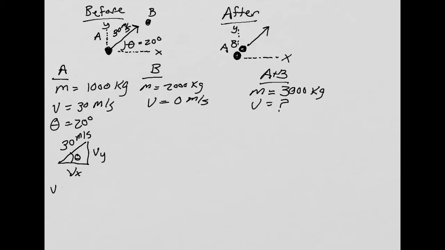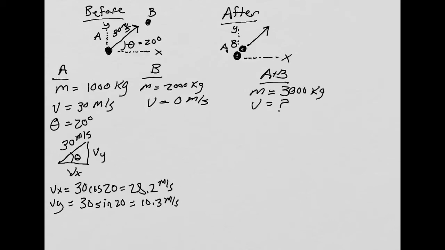So our Vx for A is 30 times cosine of 20 degrees, which I've pre-calculated is 28.2 meters per second. Vy is 30 times sine of 20, which is 10.3 meters per second.